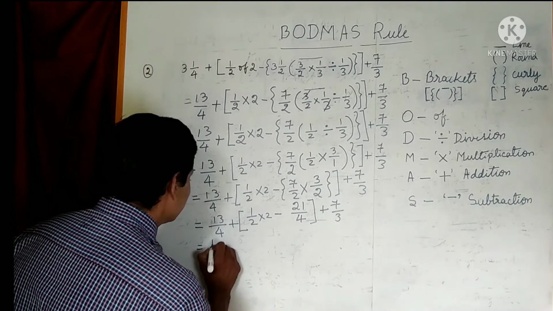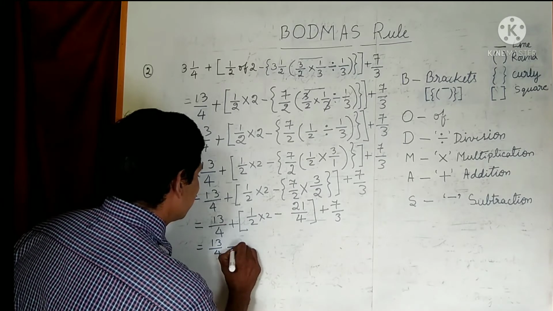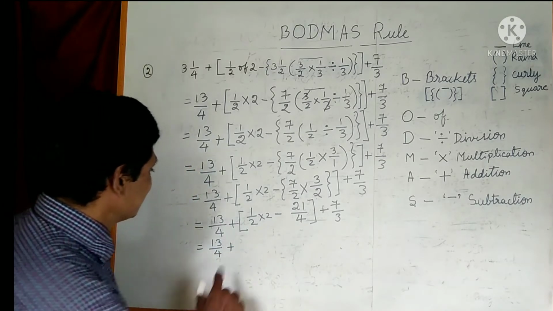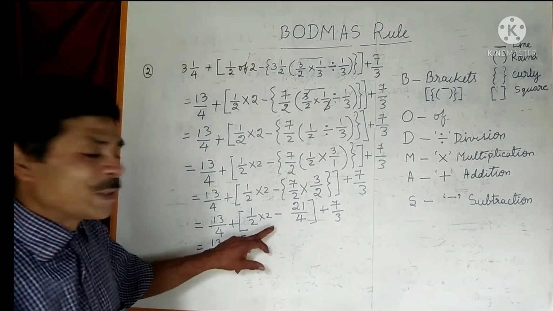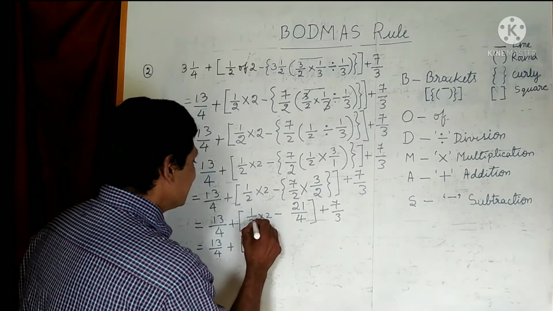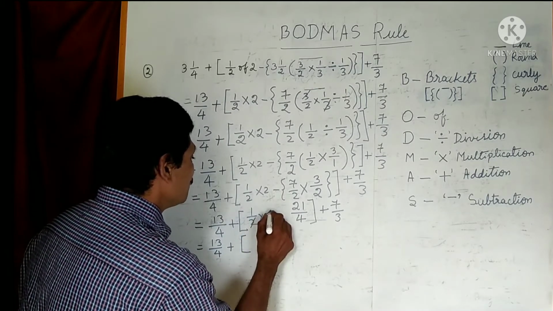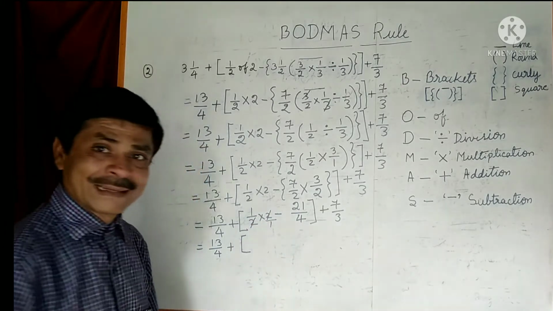This is equal to 13 by 4 plus, here first which operation do we have to perform? Multiplication. Okay. 2 ones are 2, 2 ones are 2 will go. Into 2 means divided by 1.